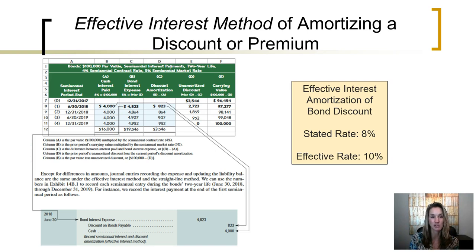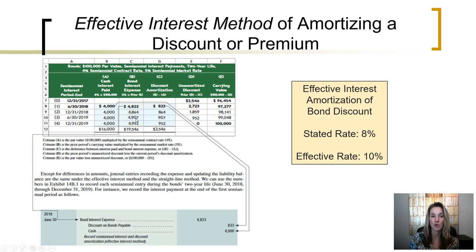It never changes. The difference between the interest expense to record and the cash paid will be the amount of the discount amortization, causing the discount to go down and the carrying value to increase. The third interest payment, interest expense, will be calculated by taking the current carrying value times half of the market rate.